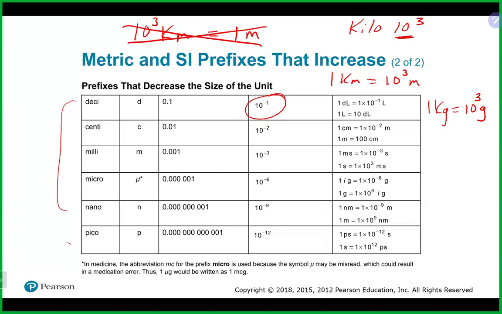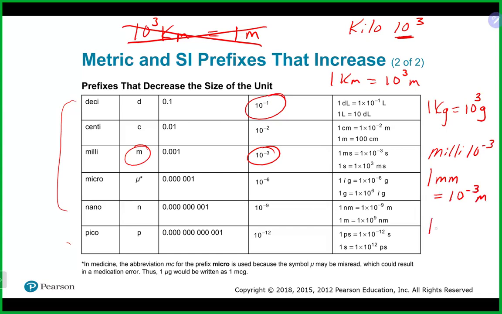Once again, it doesn't matter. If you come over here and we find milli, which is our little prefix there, and milli says 10 to the minus 3, that would mean in 1 millimeter, there is 10 to the minus 3 meters.